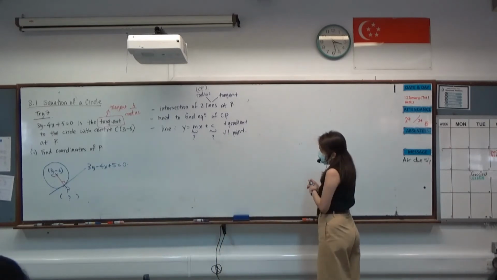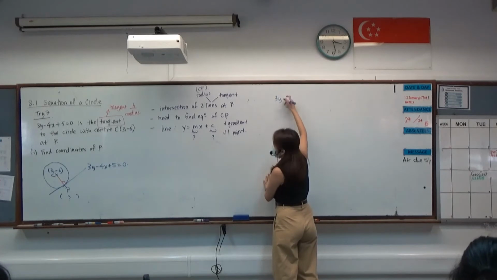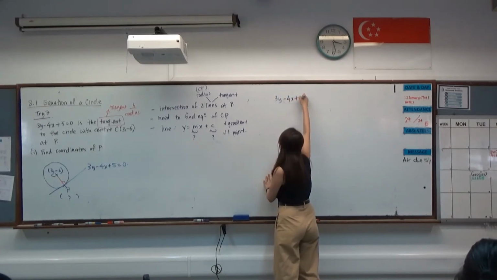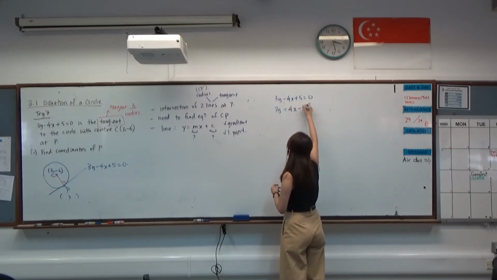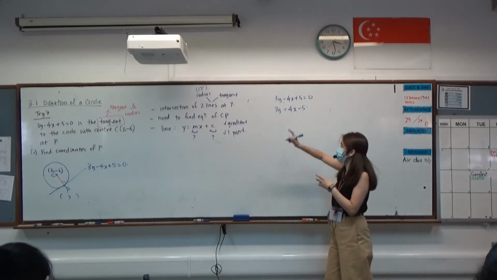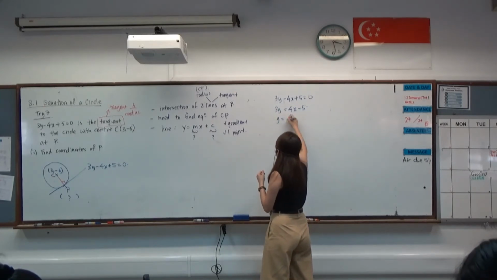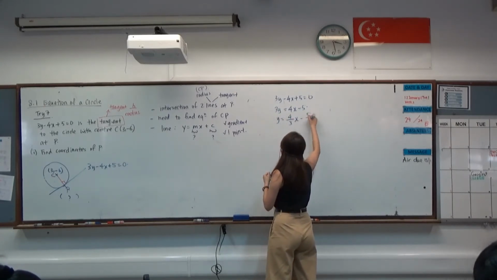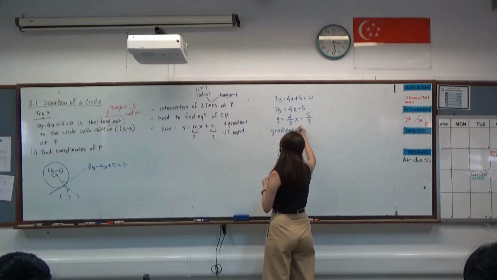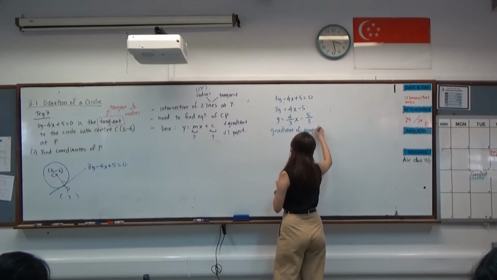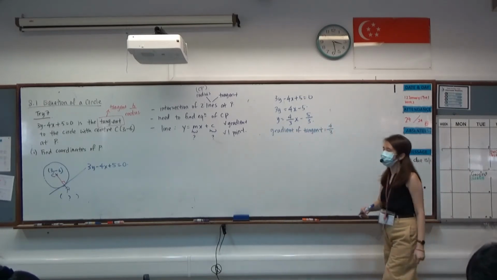Gradient. 3y minus 4x plus 5 equals 0 is the tangent. Manipulate it; we need it to be y equals mx plus c in order to derive the gradient. So the gradient of the tangent is 4 over 3.